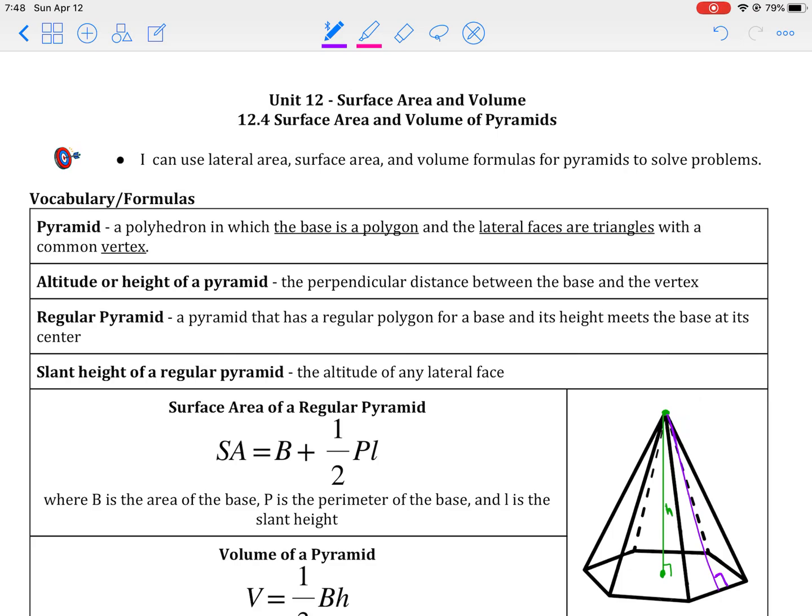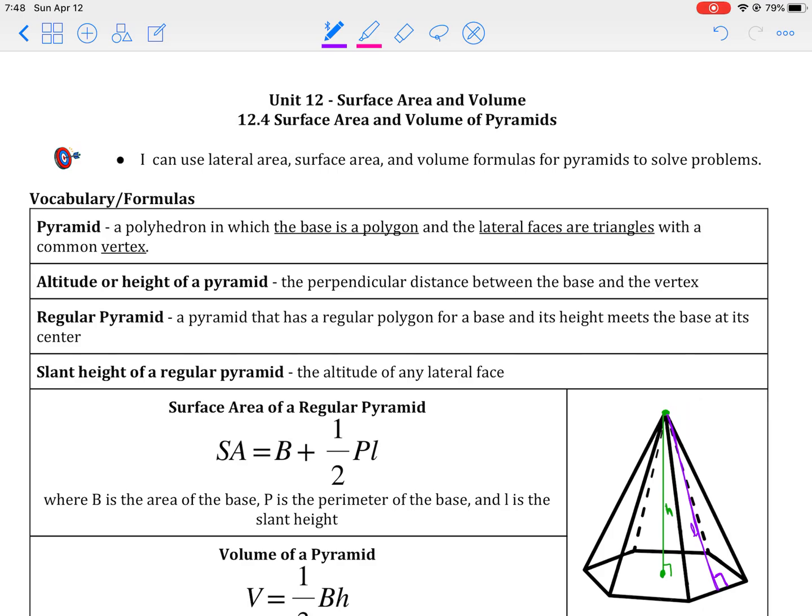So it's going down through the face and then hitting perpendicular at the bottom. The slant height of a regular pyramid is the altitude of any lateral face, and for the slant height, we use the variable l.